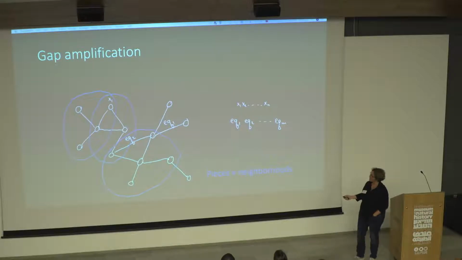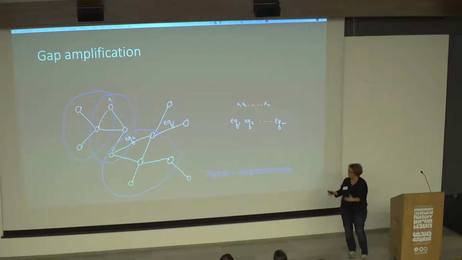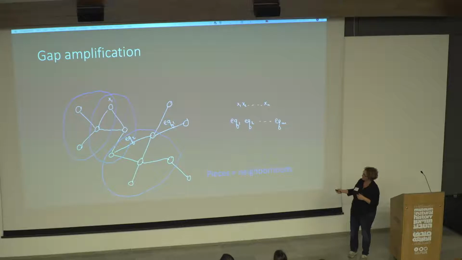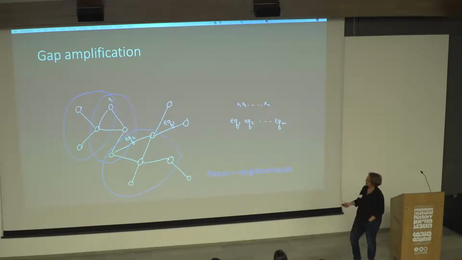And what you prove when you prove the gap amplification step is that if you have not 100% agreement, even just 1 minus epsilon agreement, then this implies something non-trivial. You can deduce from it a global assignment for the graph that has even better satisfiability than you had before. So, of course, we're not doing any details here.